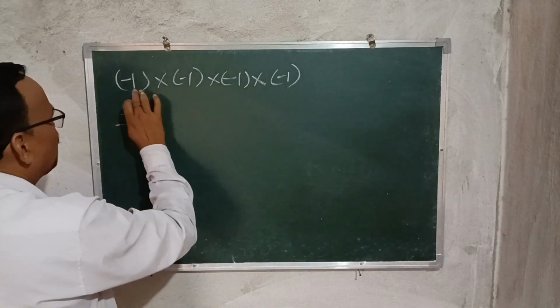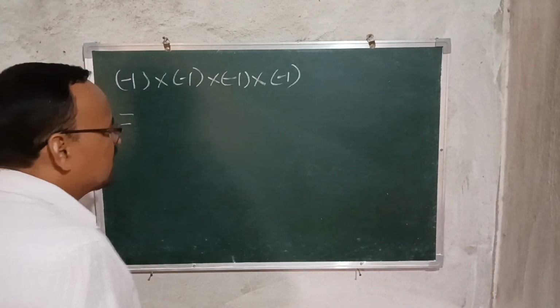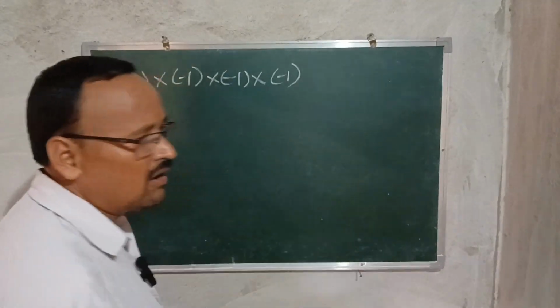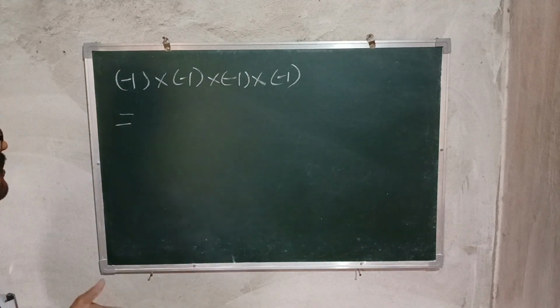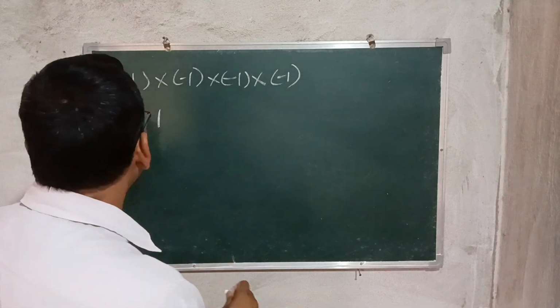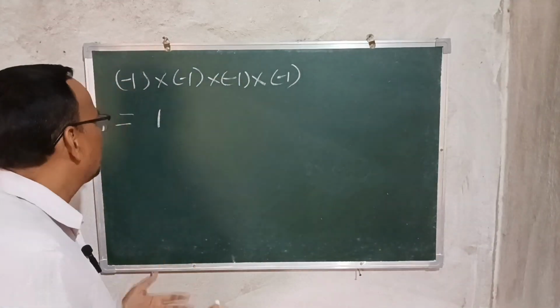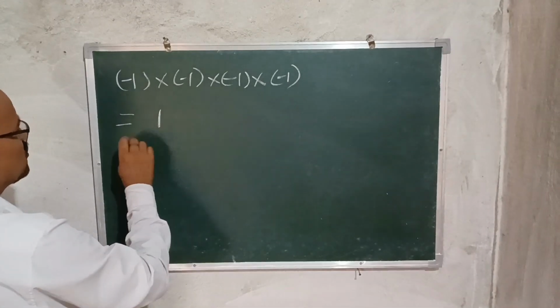So the result will be 1. Even if you multiply 100 times or 1000 times, when the count is even, the result is 1. So since 4 is an even number, the product will be plus 1.